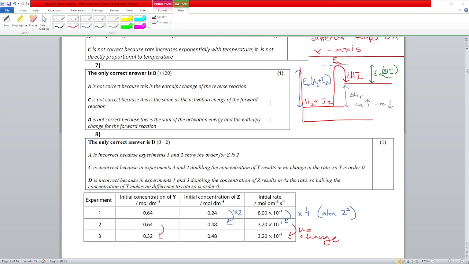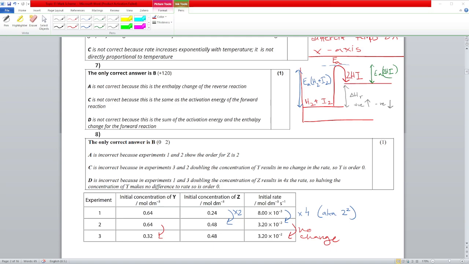And you are also told that the forward reaction has an activation energy of plus 173, right? So that means that this blue line over here, going from H2 plus I2 all the way to the Ea threshold up here, this part is worth plus 173.